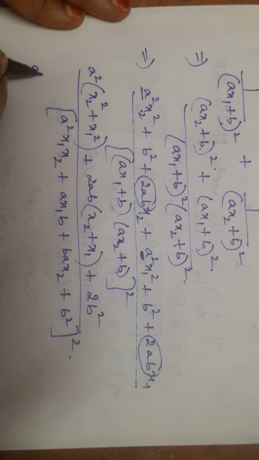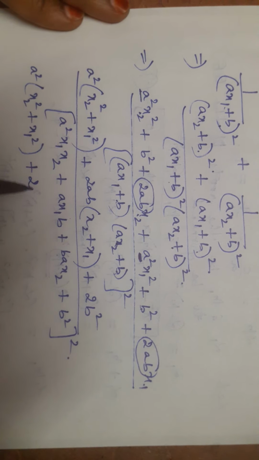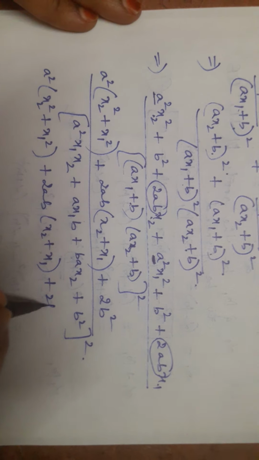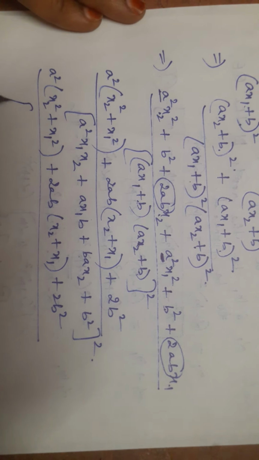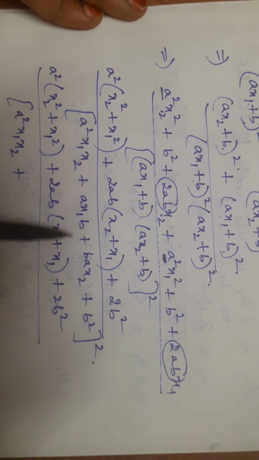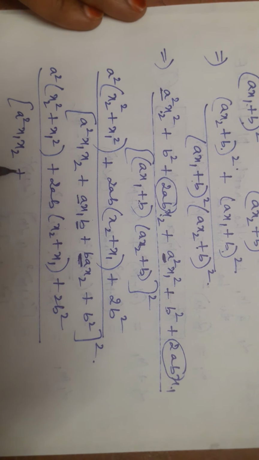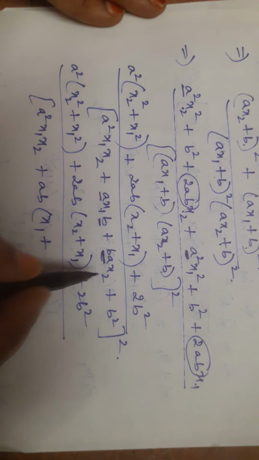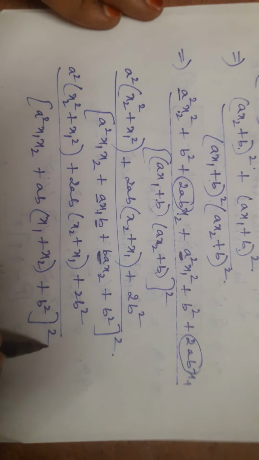Okay, so a square into (x2 square plus x1 square) plus 2ab into (x2 plus x1) plus 2b square by, now a square x1 x2 plus, now from these two terms I can take ab common, here x1 is left and here x2 is left, so plus b square, whole square.